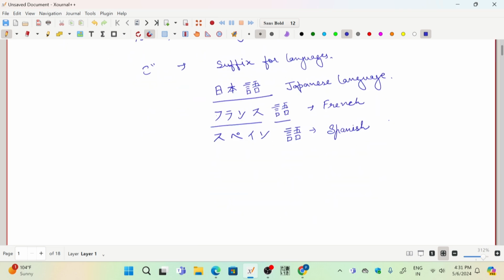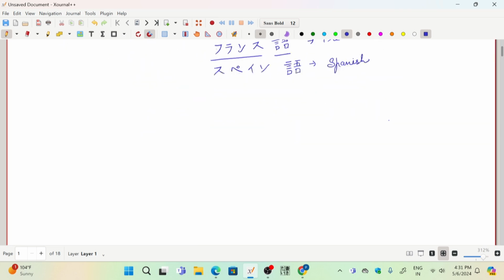Next kanji is the kanji of shi, which is also the kanji of samurai. First, second, third. The lower part is smaller than the upper horizontal line.